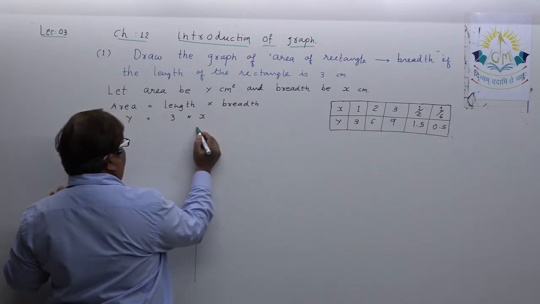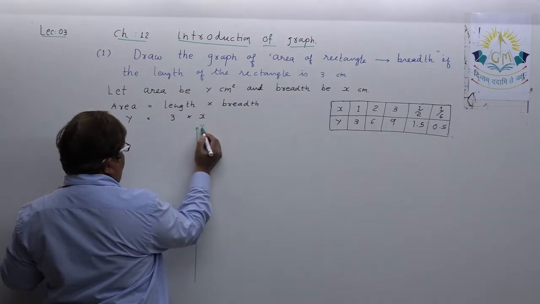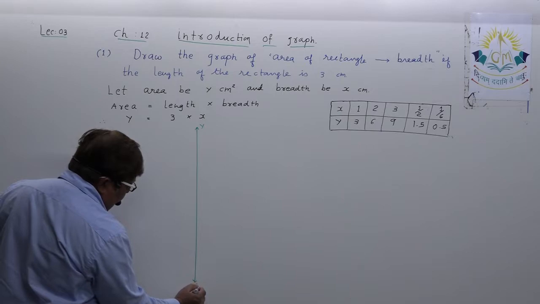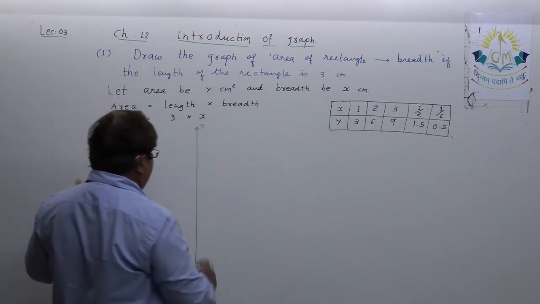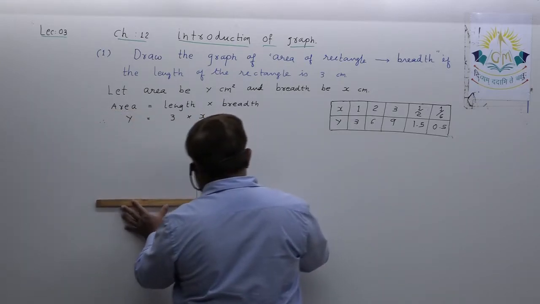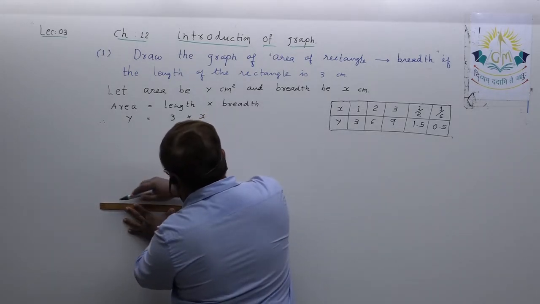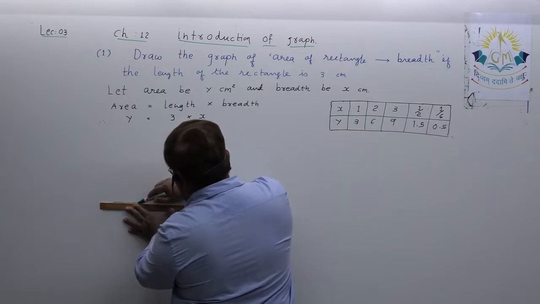This is x axis, y axis for me, y dash, and this is x axis for me. Understand?